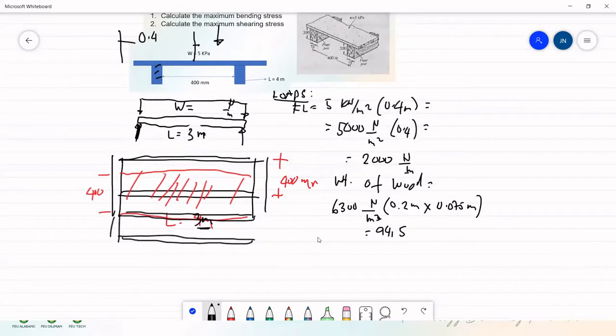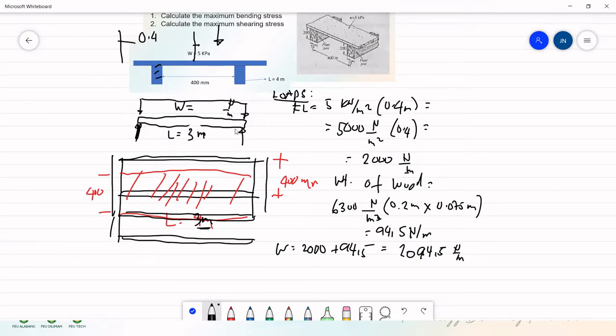Okay, so what would be the total weight? Yung total weight, actually sum up lang naman natin yan. Weight is equal to 2,000 plus 94.5. So that becomes 2,094.5 Newton per meter.